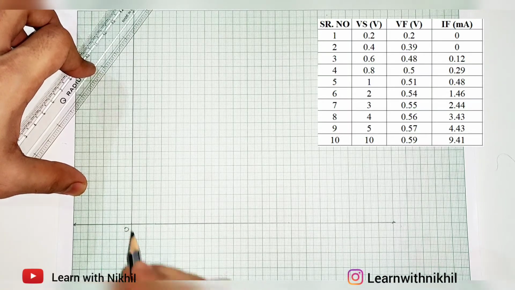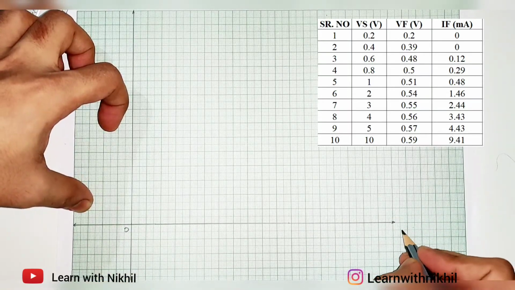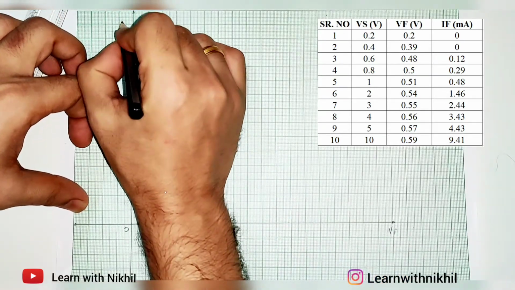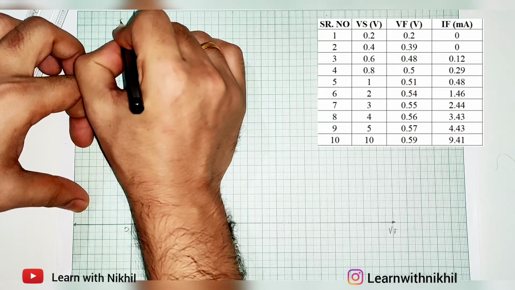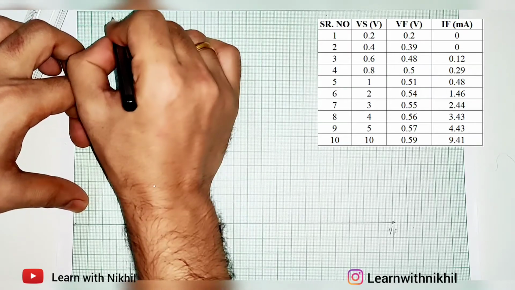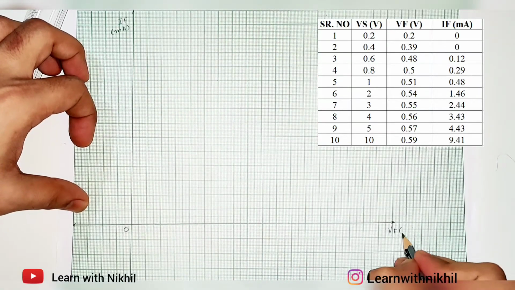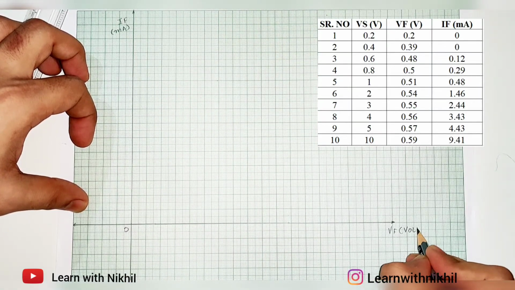This is the center point O. X-axis is voltage, so forward voltage Vf, and on y-axis we'll mark If, that is forward current. Forward current is in milliamperes and voltage is in volts.